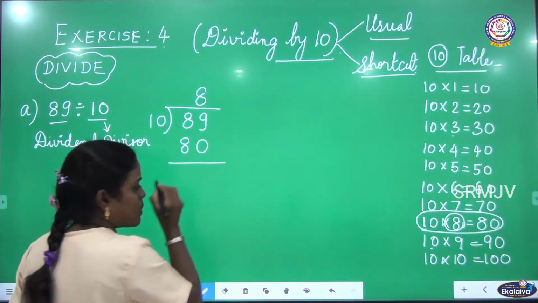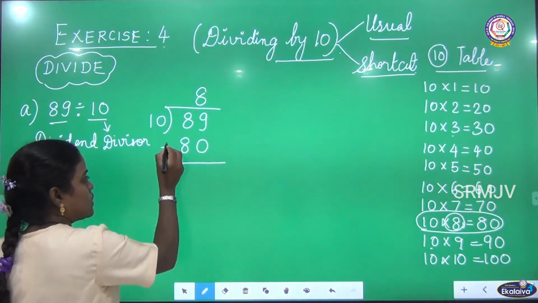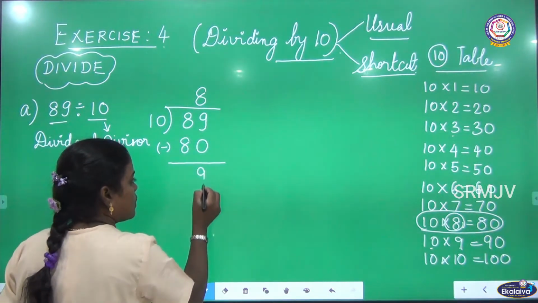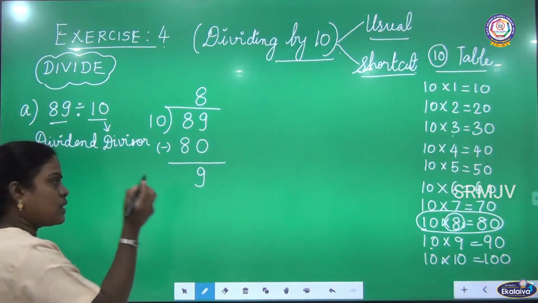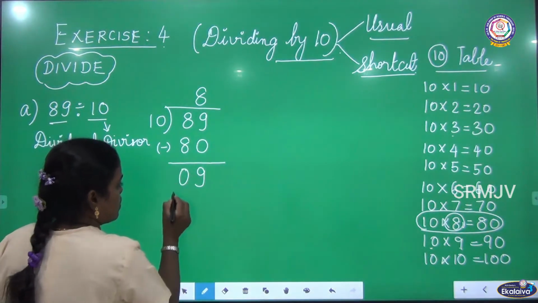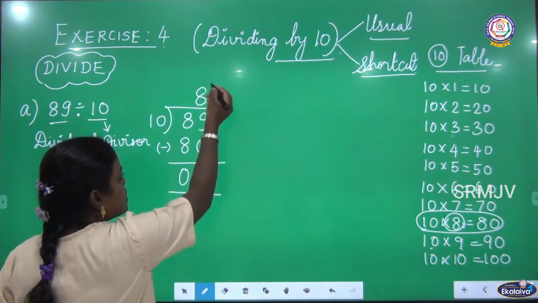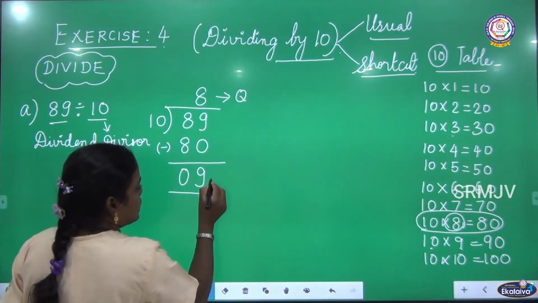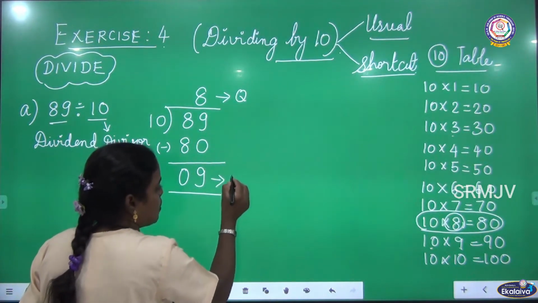Now we have to subtract the numbers. 9 minus 0, 9. 8 minus 8, it is 0. So the number which is above is the quotient and this is the remainder.